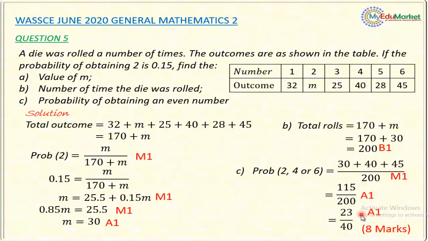And for the final result, meaning the final probability of even as 23 over 40, you have this A1 mark. If you stop here at 115 over 200, you miss the final A1 mark. The final A1 mark is for writing exactly 23 all over 40. So in total, the question has 8 marks according to the official marking scheme for WAEC.